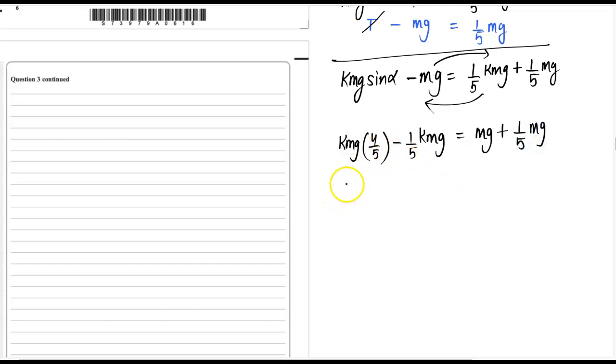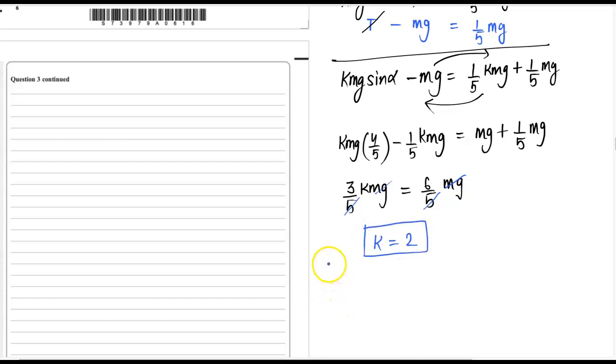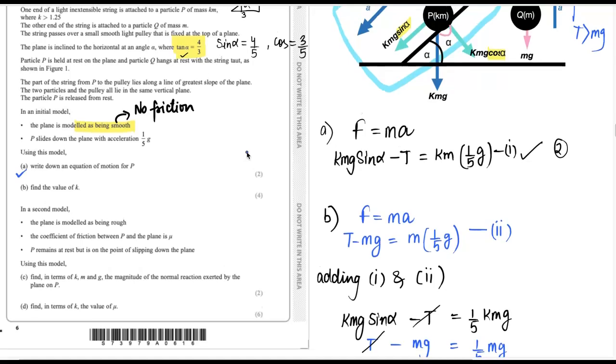Okay, so if you take kmg common, 4/5 take away 1/5 would be 3/5 of kmg, that gives us 1/5 and 1, so it would be 6/5 of mg. As you can see, 5 to 5 would be cancelled, and kmg, mg would be cancelled again, so you have the value of k is 2. K is 2 over here. Correct? So yeah, this is what gives us 4 marks.